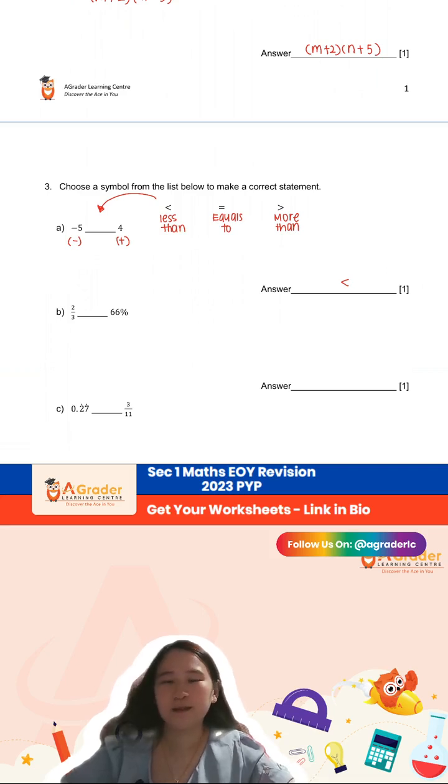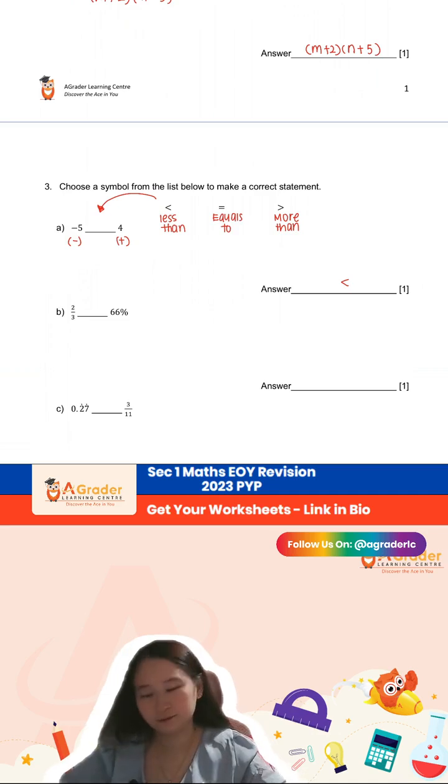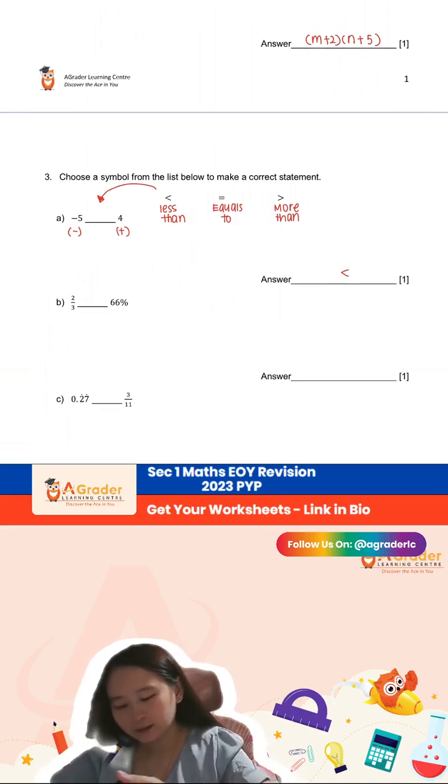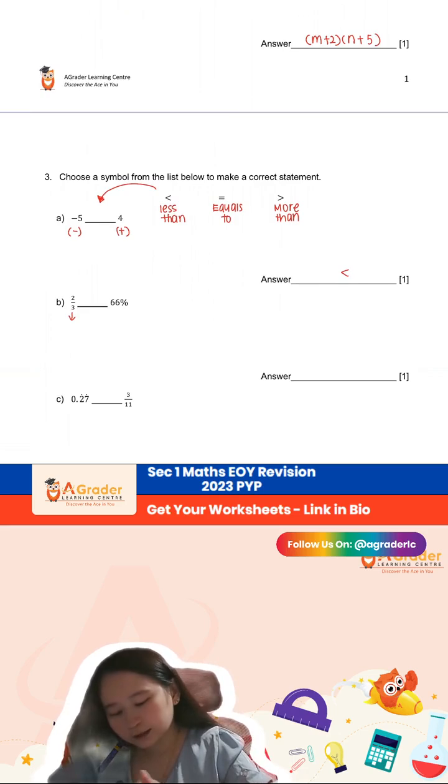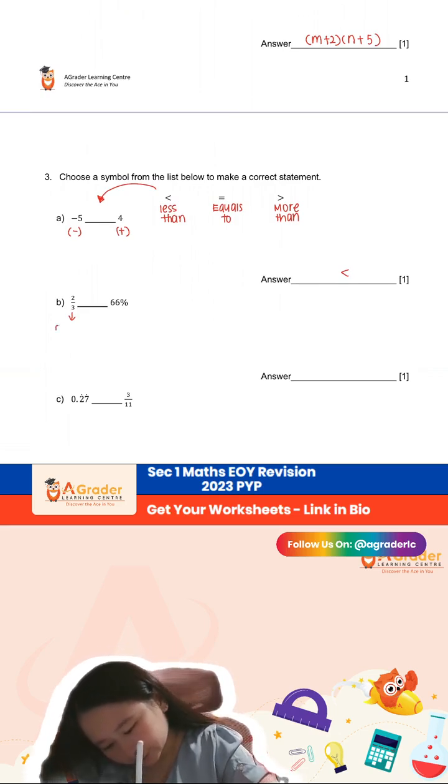How about part B? Okay, good. So 2/3 is 0.6666666 and so on.